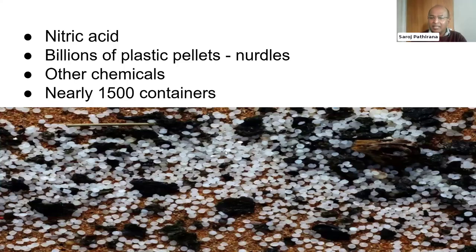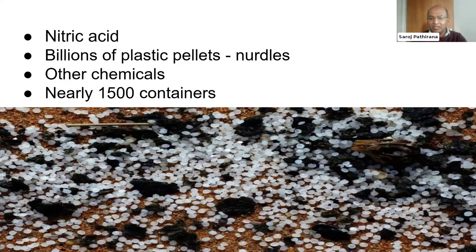The reason was the leaking nitric acid container, but the ship was accused of not releasing information and not telling the truth to Sri Lankan authorities when it arrived that there was a leaking nitric acid container on board. As a result, Sri Lanka was not prepared to deal with it.